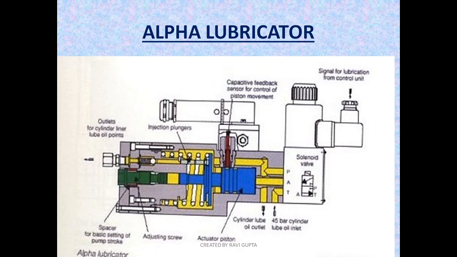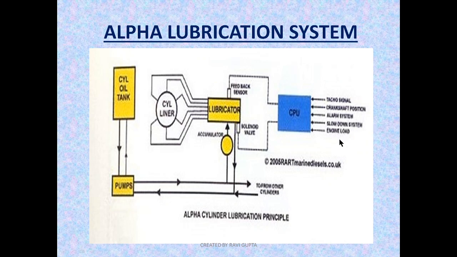Now one more thing I want to tell you: the alpha lubricator is implemented not only in the MC engine but also in the ME engine. In the MC engine, the CPU unit mainly consists of a main control panel and a backup control unit.